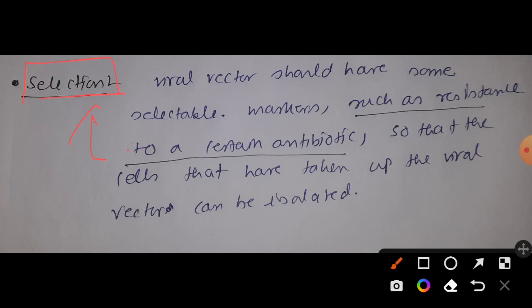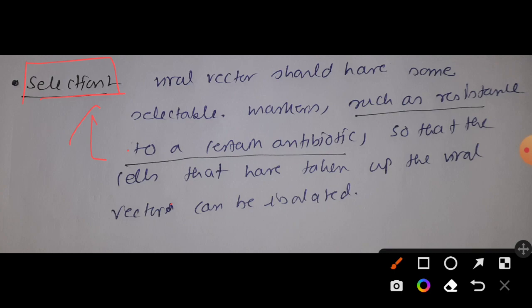That is what we discussed about primary selection and secondary selection in the case of plasmids. The virus should have a particular antibiotic resistance gene that will select only those cells that have the viral vector along with the gene of interest.